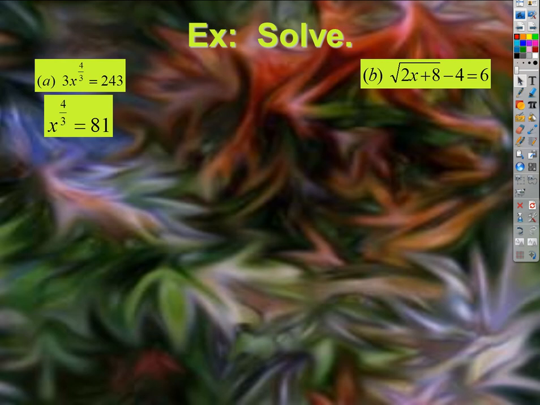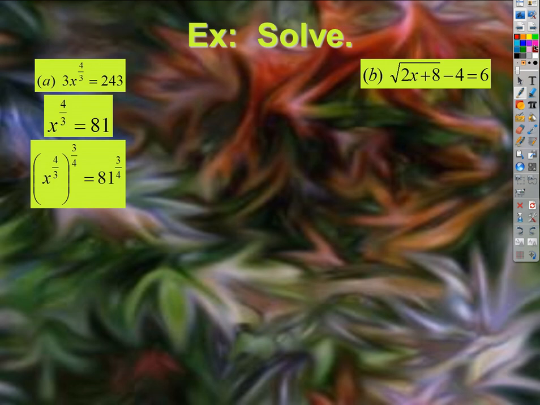But here's the one thing you got to be very careful with if you make this one step. Here's where you could mess this up. If the bottom of the fraction is an even number, that's the root part, what do I have to include? Plus or minus. Good.